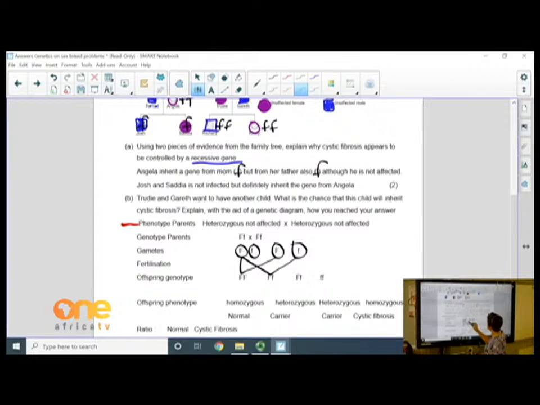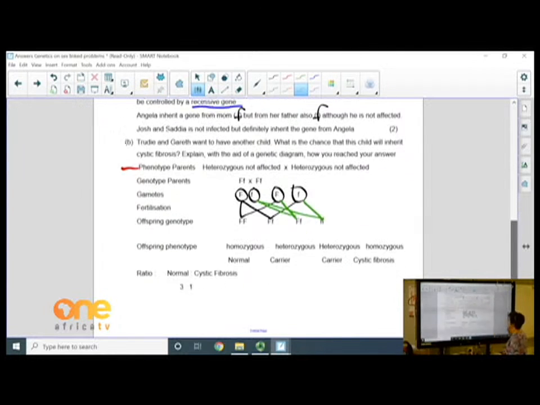And just to make it a bit easier to see the different fertilization, we see that we have offspring 1, 2, 3 that is not affected and 1 that is affected. So we will have normal to cystic fibrosis 3, 2, 1.